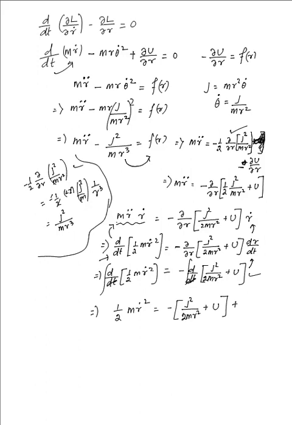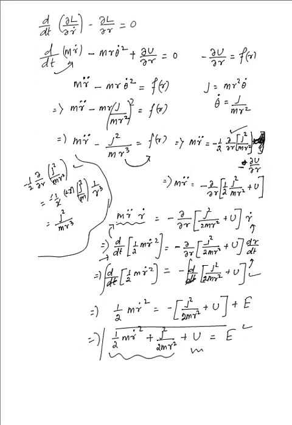And hang on, what's that constant? That constant I name as the total energy. So half m r dot squared plus j square divided by 2 m r square plus u, which is the potential energy term. This is the kinetic energy, this is the potential energy, which gives me the total energy, and that obviously remains constant.